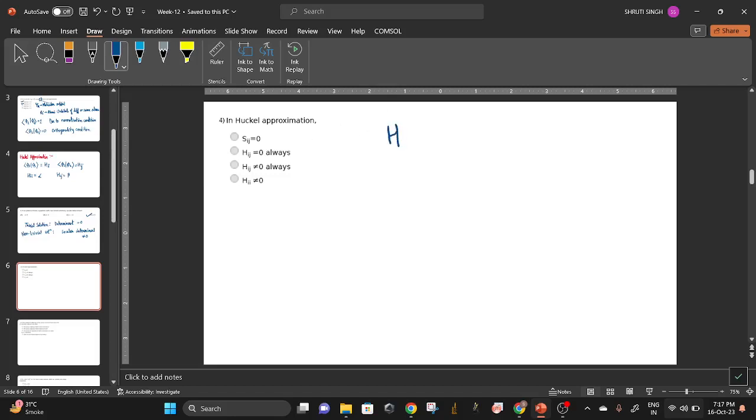What I told is H_ii equals alpha. H_ij equals 0 always is not true, because H_ij equals beta, and the always condition is not true. It will depend upon the molecule we are considering. But S_ij is always equal to 0. Now S_ij is the overlap integral.